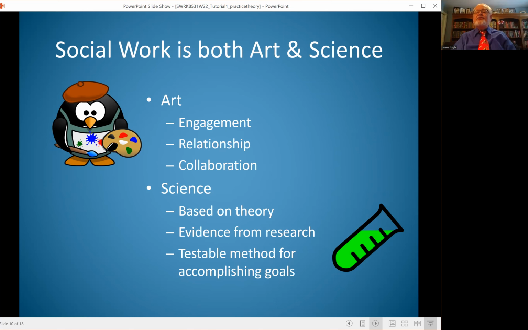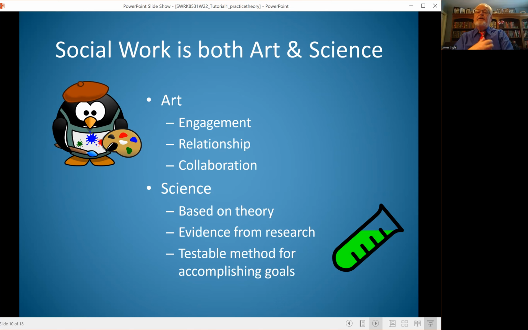We look for evidence from research for this as well as for the interventions that we use. We also are challenged to recognize that when we are working with clients and prescribing interventions, we want that intervention to be measurable in some way so that we can test, does the intervention actually help the client accomplish the goal?